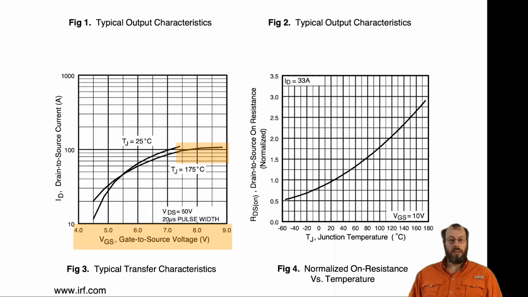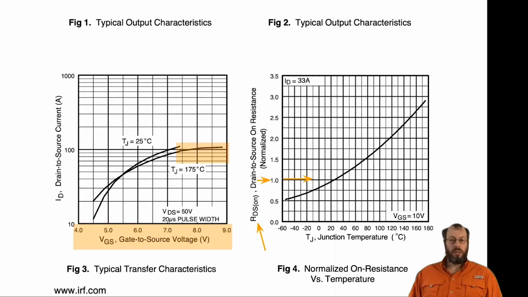The right-hand side diagram is normalizing the on resistance of the transistor, as we have seen from the first page of the datasheet, as 44 milliohms. So the normalized factor of 1.0 represents the 44 milliohms that were also represented in the electrical characteristics of the MOSFET.